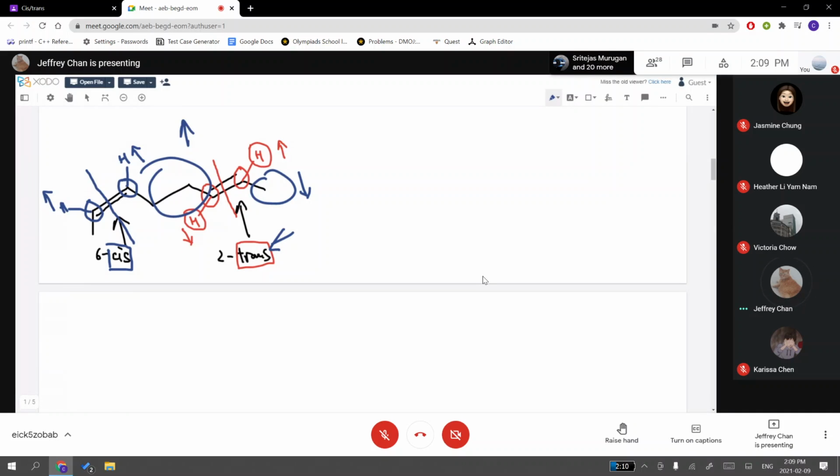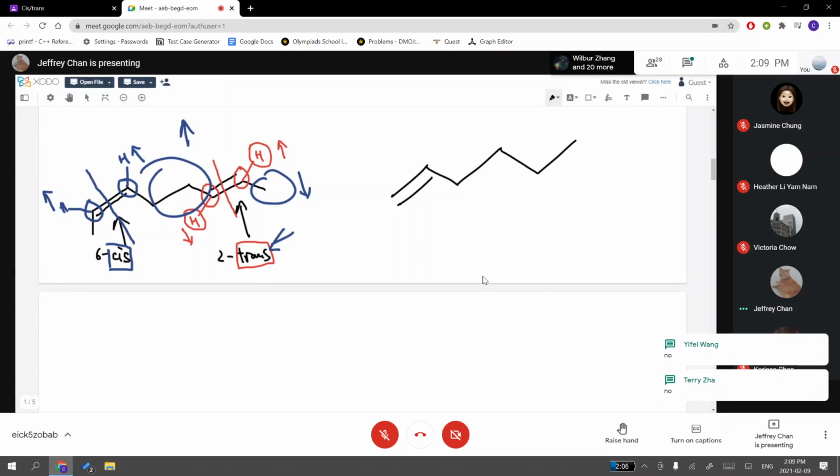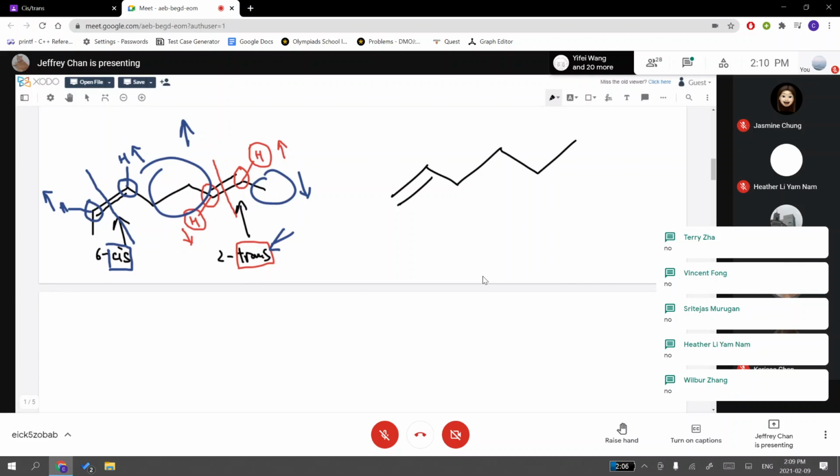All right. So let's do a quick test. Let's try this. For this relatively simple compound that I just drew, is there a cis or trans conformation? X1-ene.